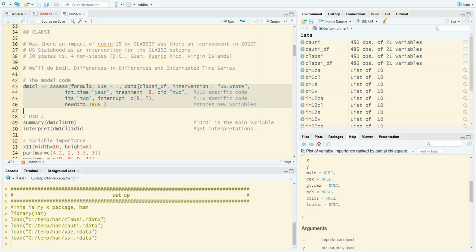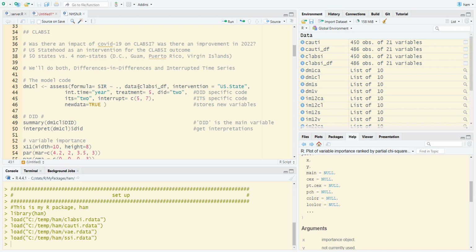Make sure to select new data equals true, and then save that data and export it to whatever your favorite statistical software is. But if you want to continue using this package and you do like using R, then there's a lot more you can do with that, and I'll review these in the following sections.